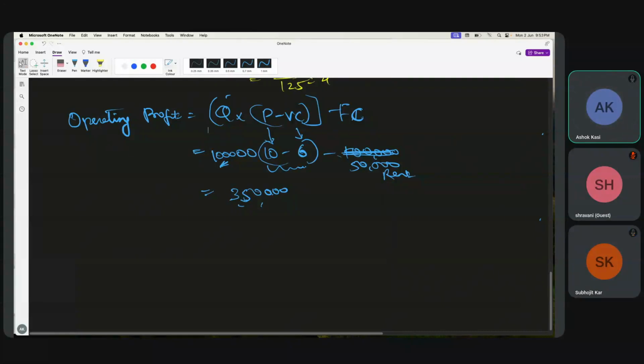Okay. If you want to do this the way we have done, that also is possible. Our formula is what? Sales or revenue minus variable cost, contribution, minus fixed cost will give you EBIT. EBIT is also called operating profit.